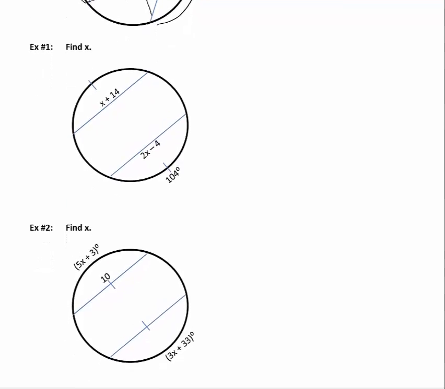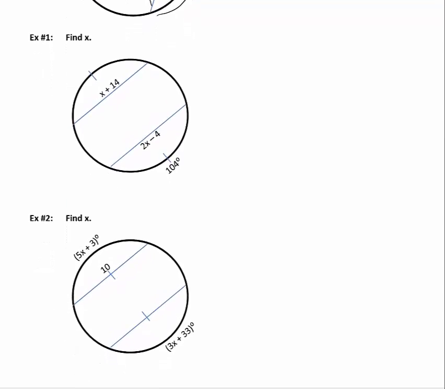So take a look at number 1. Find x. If there's a tick mark on this 104, then that tick mark must mean that those are 104. These don't have anything to do with 104. The only thing we do know about them is that these would be the same length. So the equation should look something like this, not with the 104 involved.